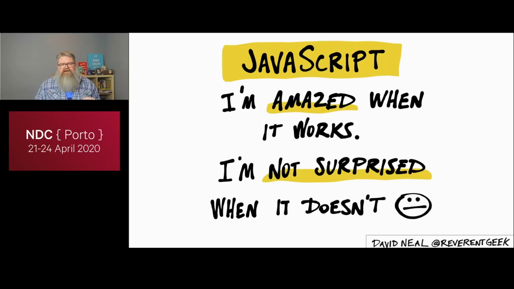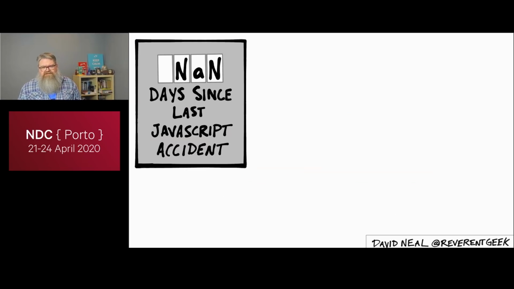There are quirks and weirdness in the JavaScript language that continue to exist even to this day. Unexpected behavior can baffle even the most seasoned JavaScript developer. Let's take a look at a few examples of that quirky behavior.